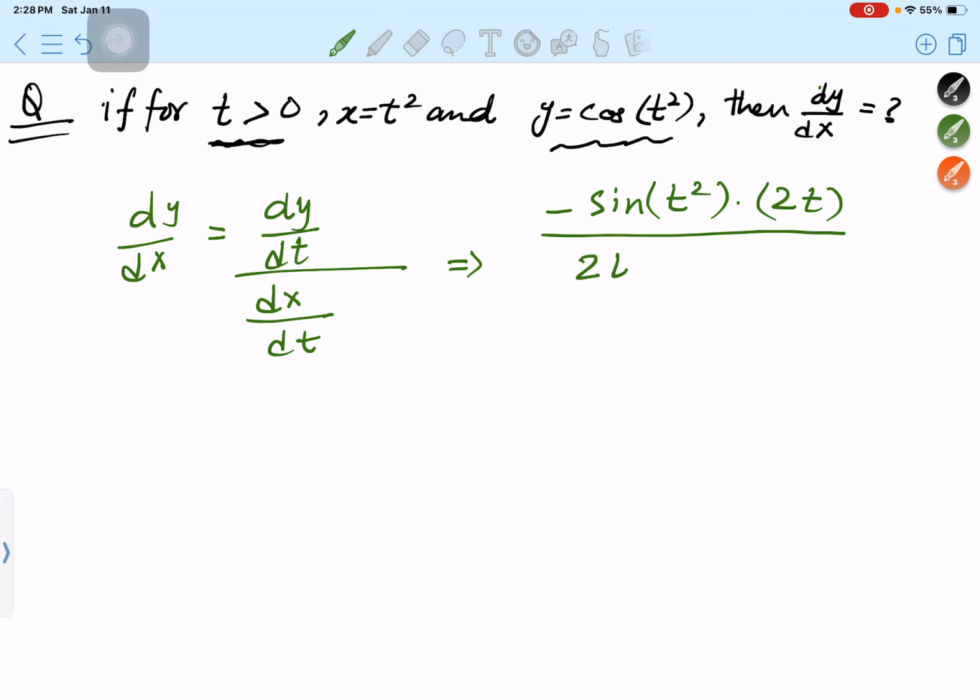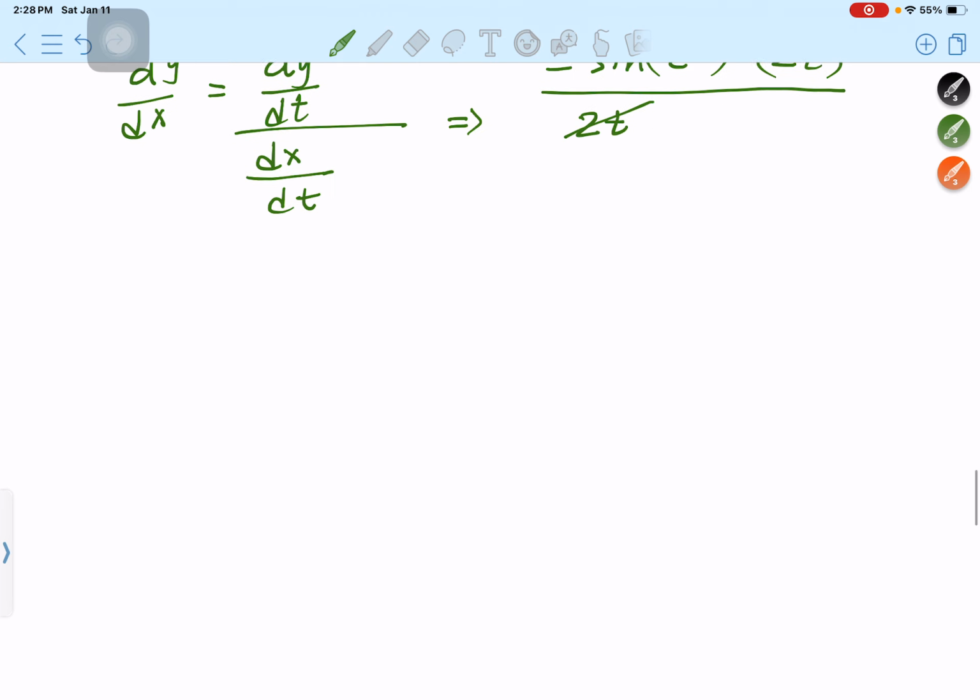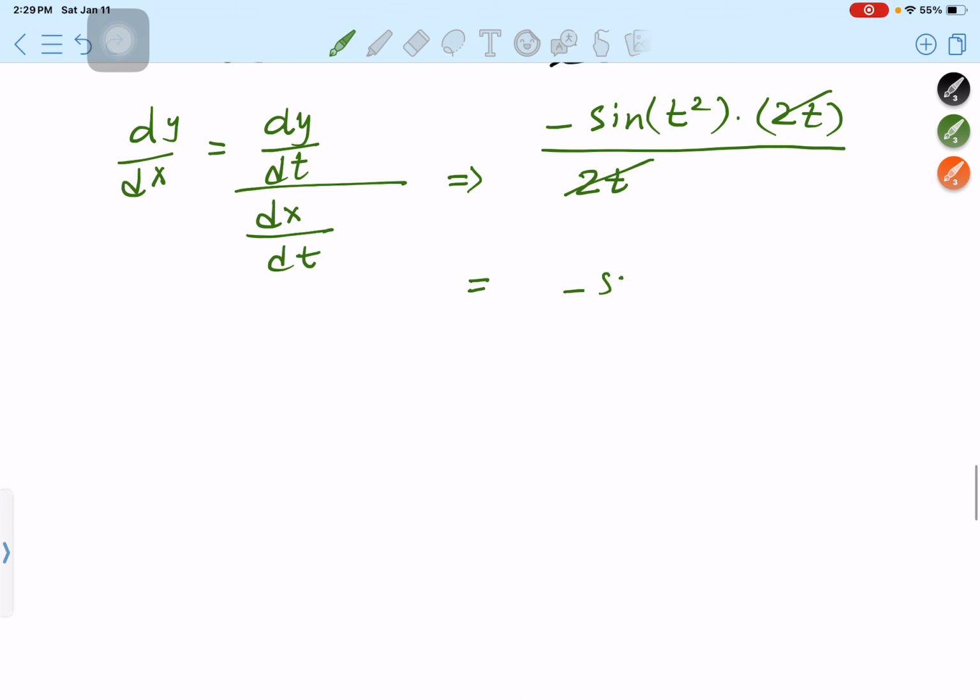Those will simply cancel out, and we're left with negative sine t squared. That will be your answer. So nothing too bad there at all, just remembering that basic formula and your derivatives just a little bit.